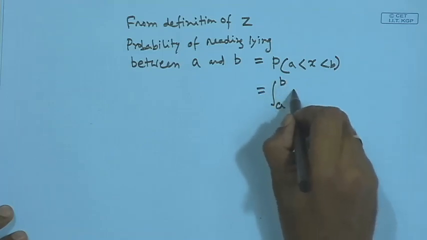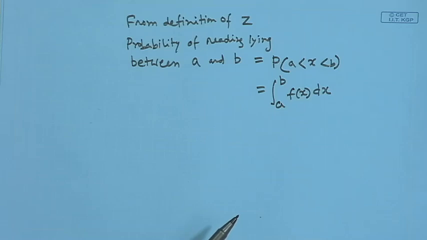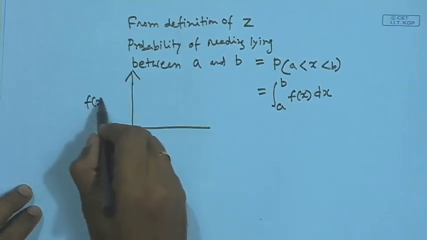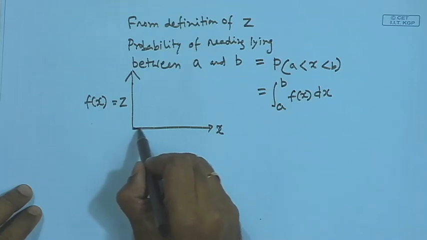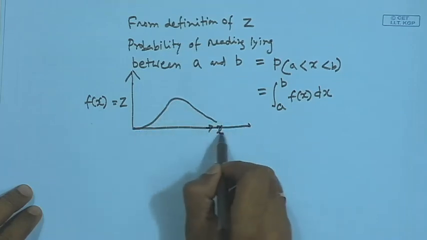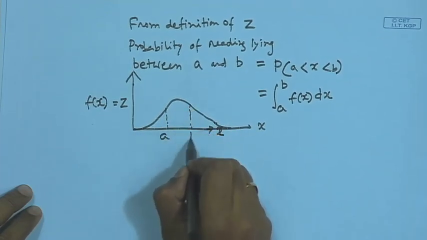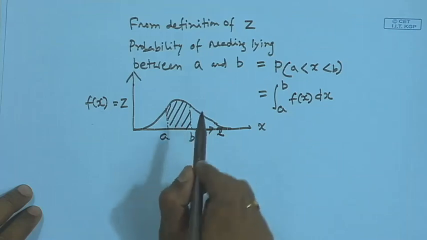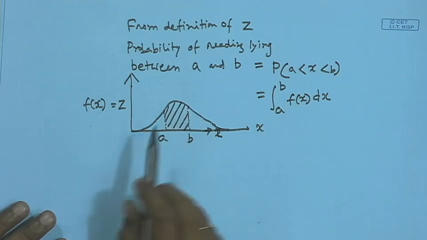So, the probability of a reading lying between A and B is the area under the curve. So, this shaded region.